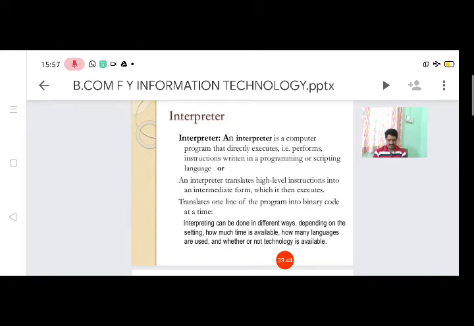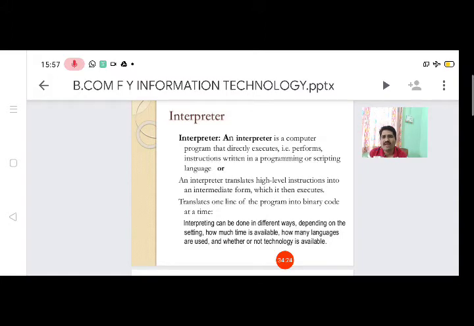Next, interpreters. An interpreter is a computer program that directly executes, for example, performs instructions written in a programming or scripting language. An interpreter translates high-level instructions into an intermediate form, which is then executed.